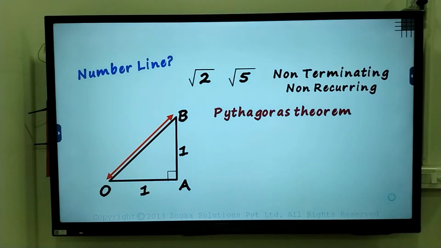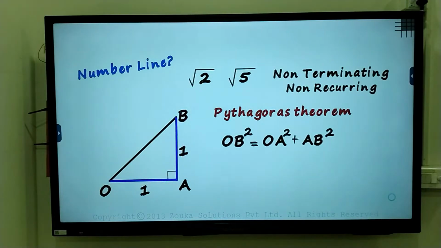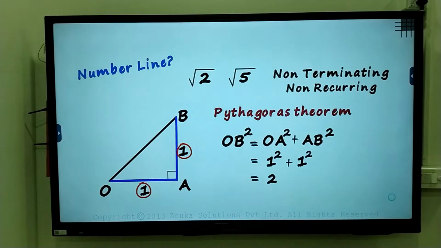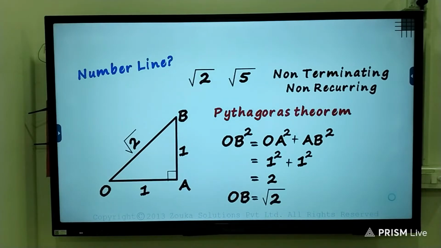In this triangle, OB squared will equal OA squared plus AB squared. These two lengths equal 1, so the right hand side is 1 squared plus 1 squared, which equals 2. So OB will equal root 2. The hypotenuse will equal root 2. That's all you need to know to understand the plotting of irrational numbers on a number line. We found the length of an irrational number. The only thing we need to do now is plot this length on a number line. We will see that in the coming videos.